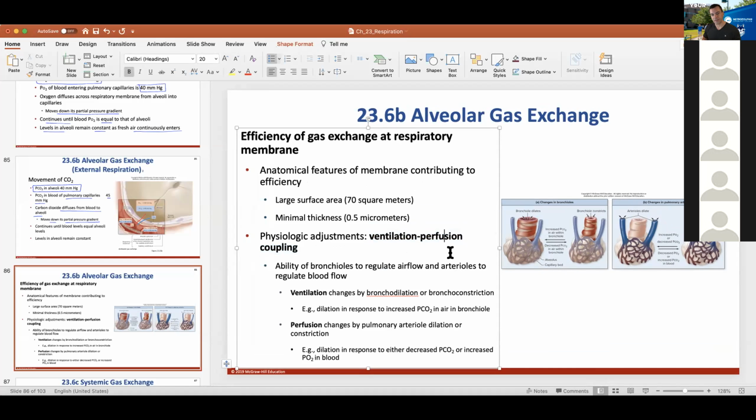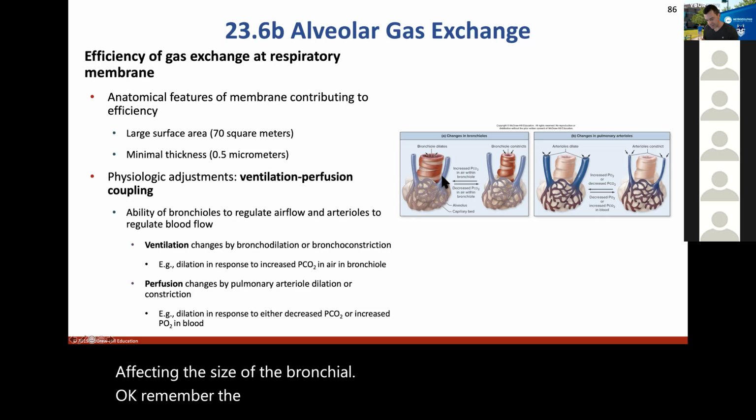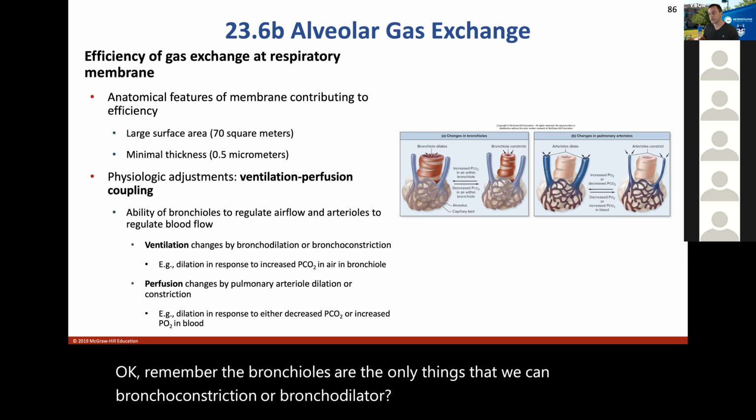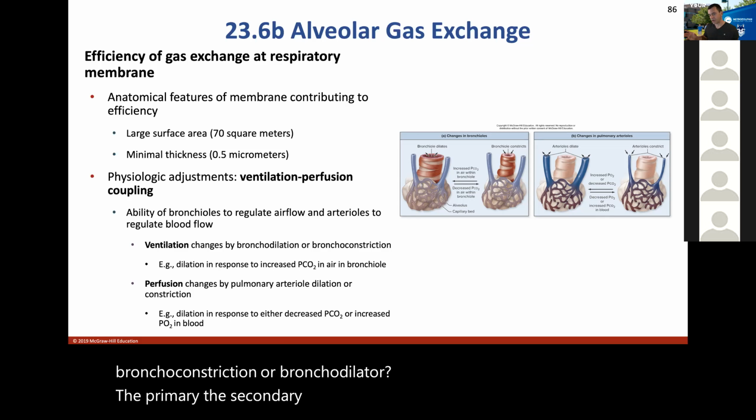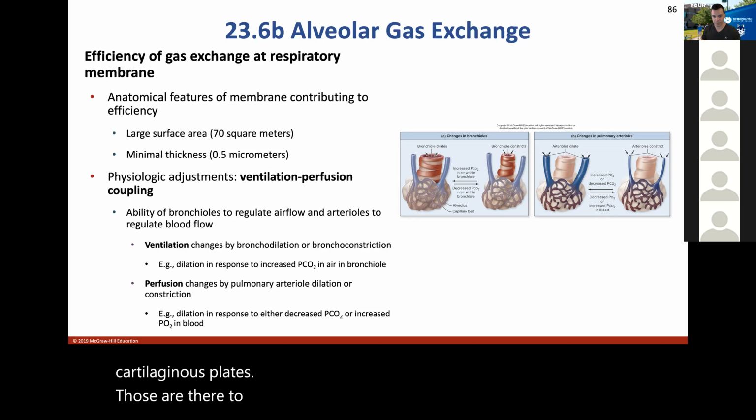How can we affect how much oxygen comes into a region? We can affect it by affecting the size of the bronchiole. Remember, the bronchioles are the only things that we can bronchoconstrict or bronchodilate. The primary, secondary, and tertiary bronchi have cartilaginous rings, cartilaginous plates, to keep them open.